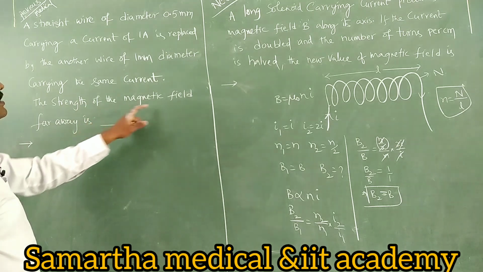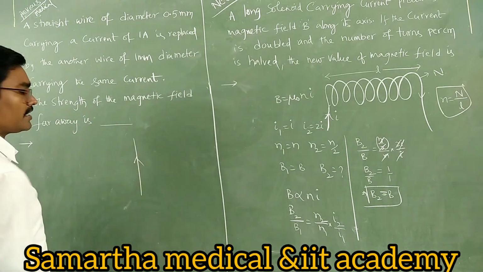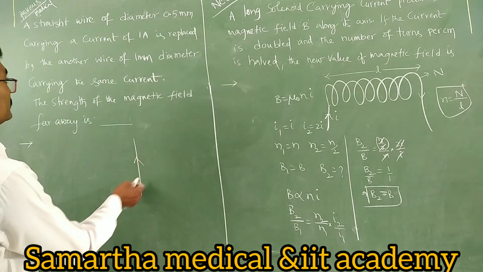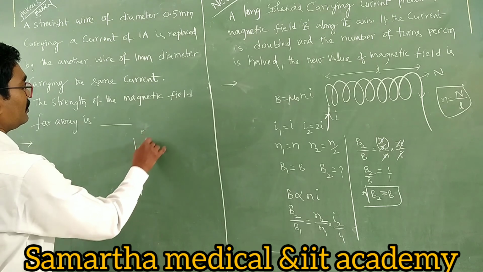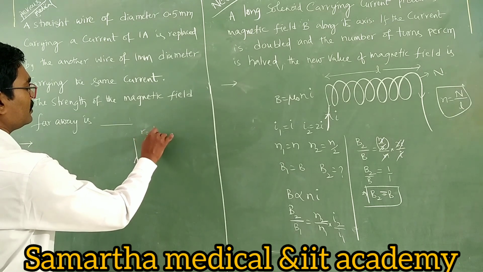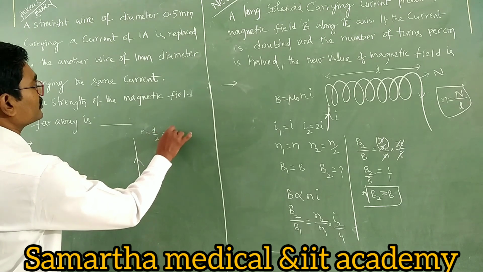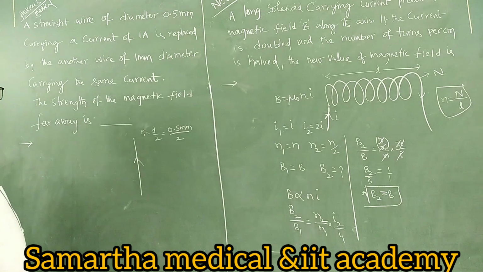So the strength of the magnetic field far away is, see here you have a current carrying conductor. For this current carrying conductor, diameter is D, R is nothing but D by 2. So 0.5 millimeter by 2, that is the radius for the first case.